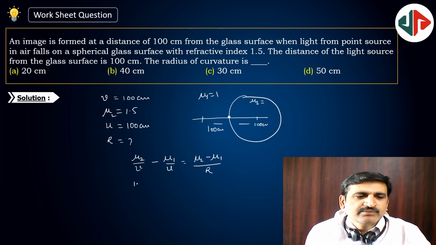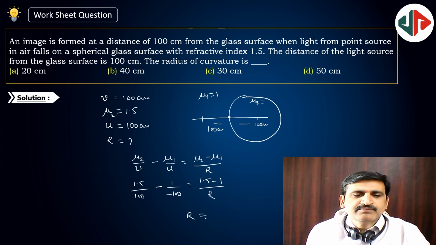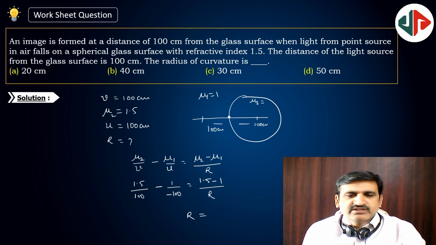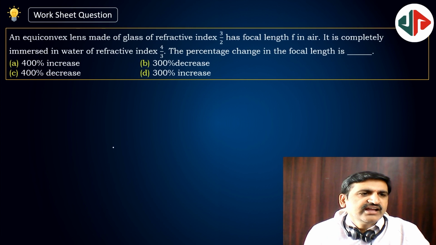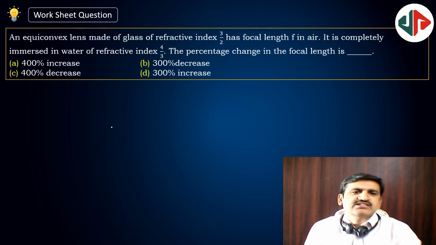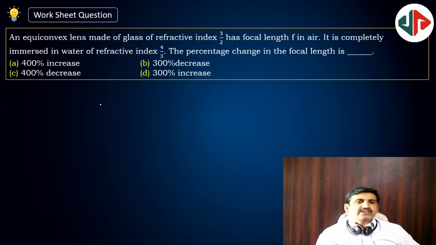So 1.5 by 100 minus 1 by minus 100 is equal to 1.5 minus 1 by r. The value is positive. That only we are going to find. So r will come as, why should I waste time, 20 centimeters will come, right? So 20 centimeters. So option A.